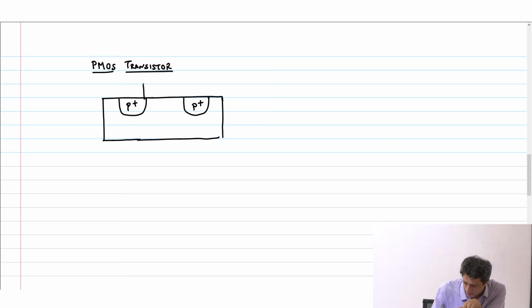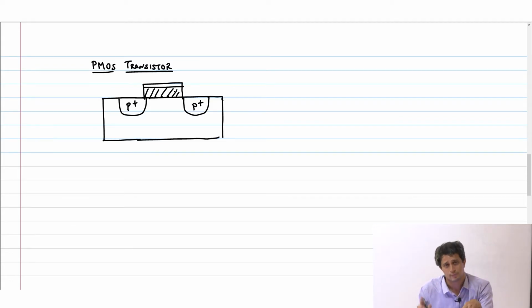This is my metal and oxide. The thickness will be the same for an NMOS transistor and a PMOS transistor, right? And this substrate is going to be N.